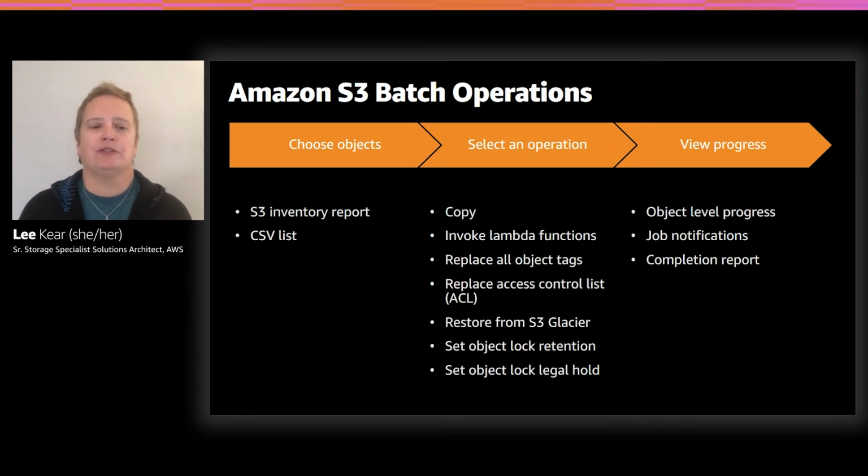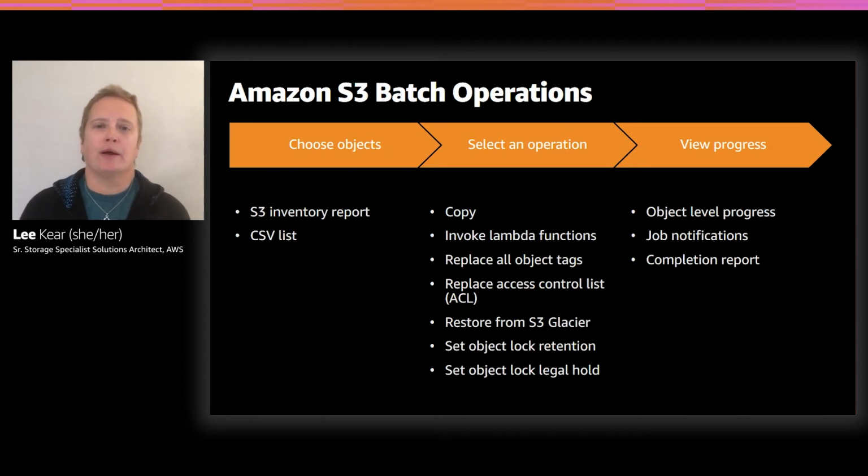We could have also chosen to use a Lambda function, which provides almost limitless capacity for data handling. You could also use other operations, such as replacing all the object tags or ACLs. But do note that this operation replaces rather than adds to the existing configuration.